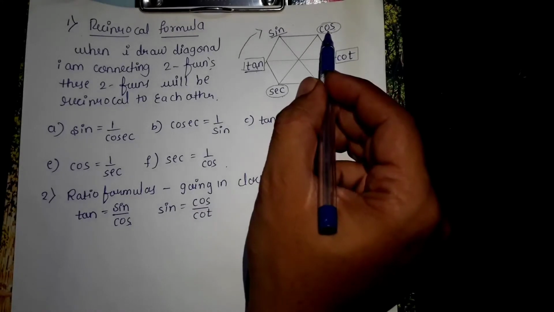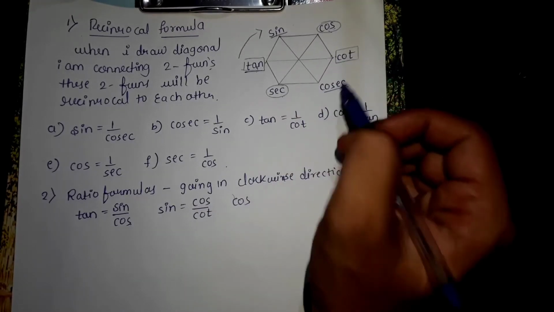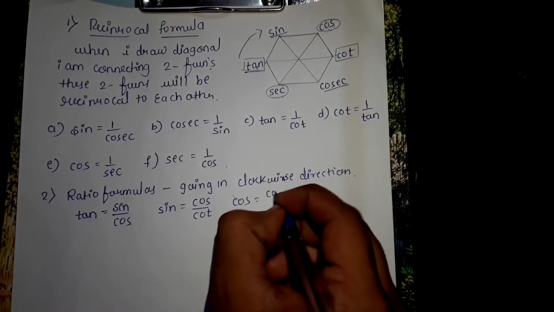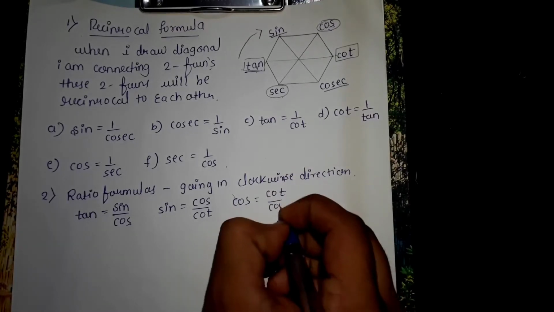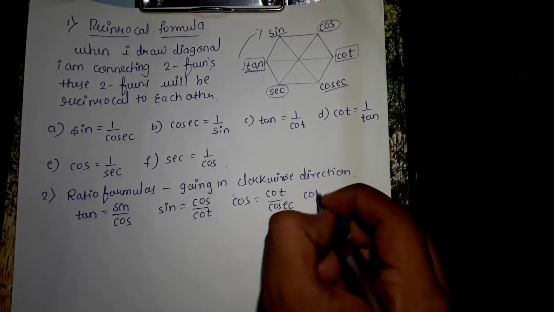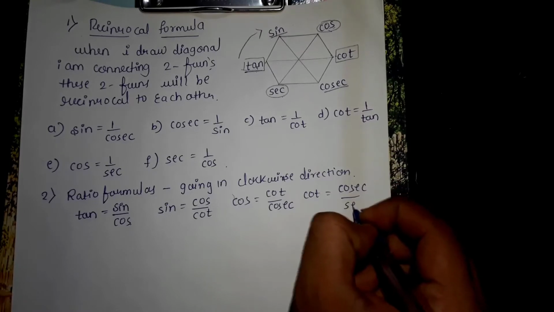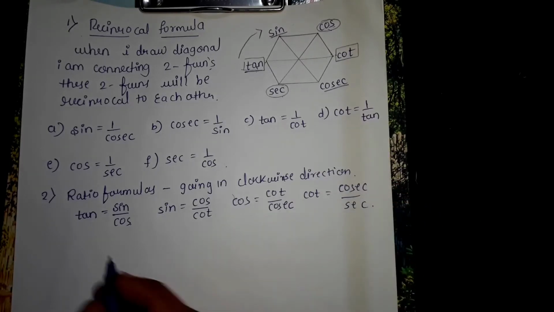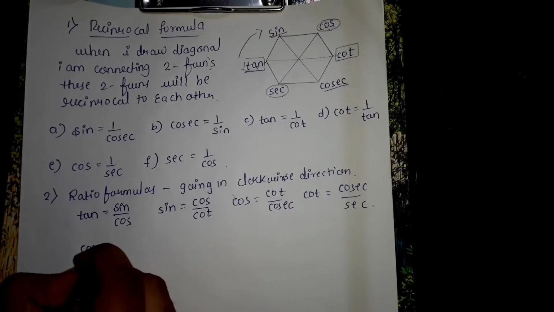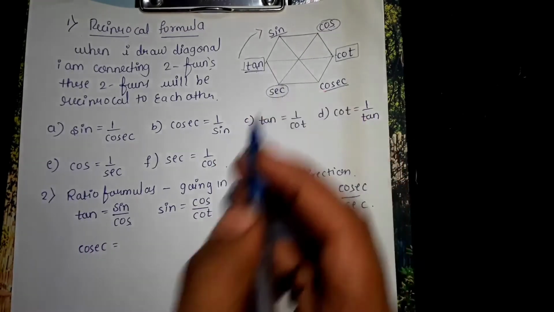Again, cos is equal to the ratio of cot and cosec. Again, in the same way, cot is equal to the ratio of cosec and sec. And next term, cosec is the ratio of sec and tan.